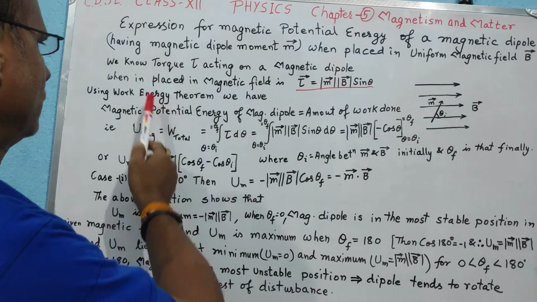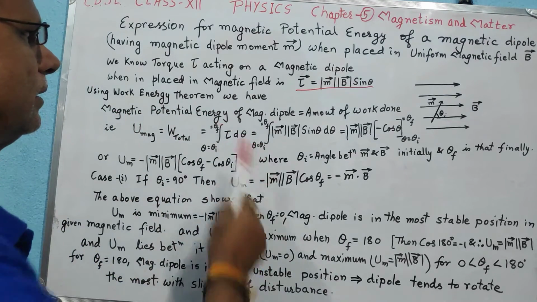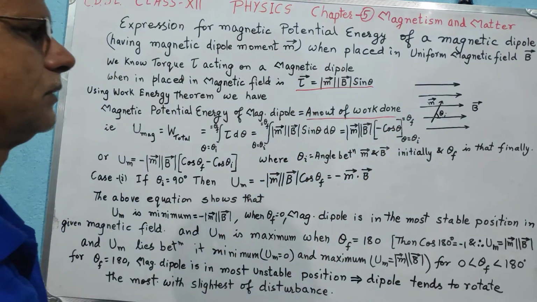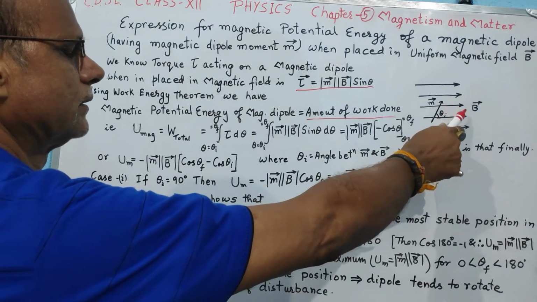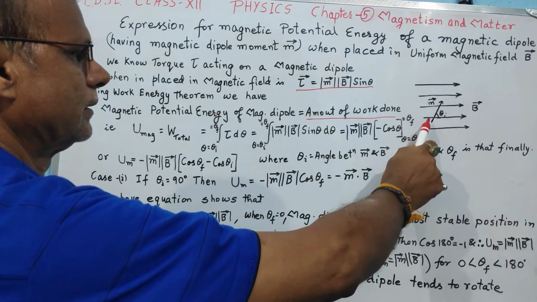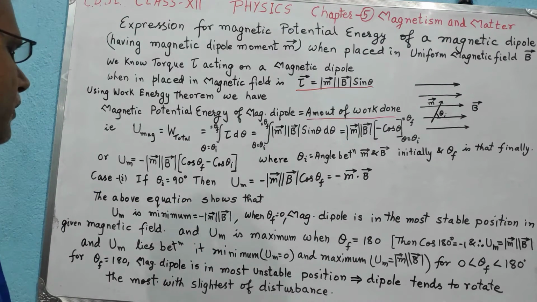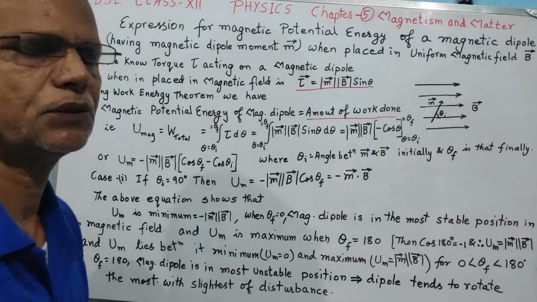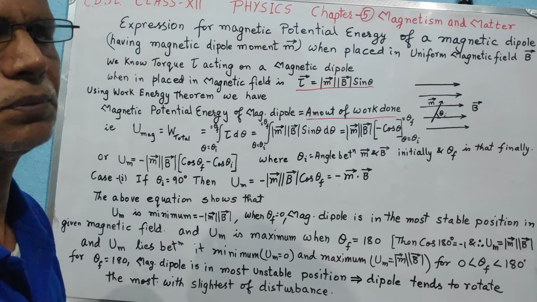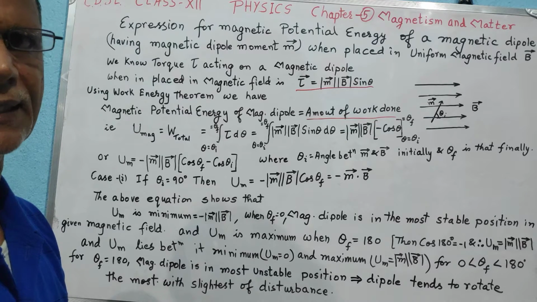Now, according to the work energy theorem, the total magnetic potential energy of the magnetic dipole must be equal to the amount of work done in rotating it from the position making angle theta I with the magnetic field to a position making angle theta F with the magnetic field B. And therefore we write U, the symbol for potential energy, with a suffix m for magnetic, because we have already found the electric potential energy of electric dipoles.